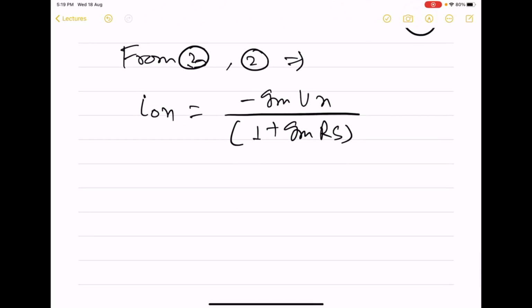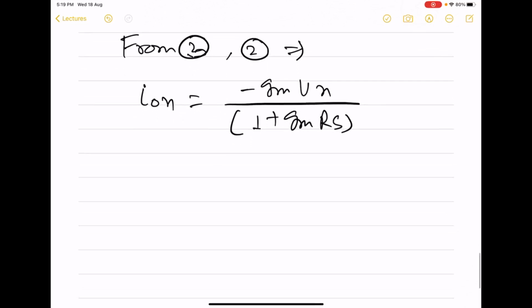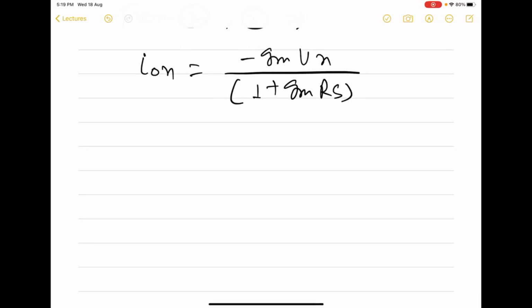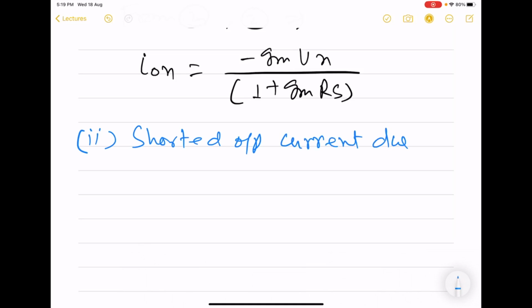Now we have to find out the short-circuited current due to MOS. And this we will be calling as IoD.